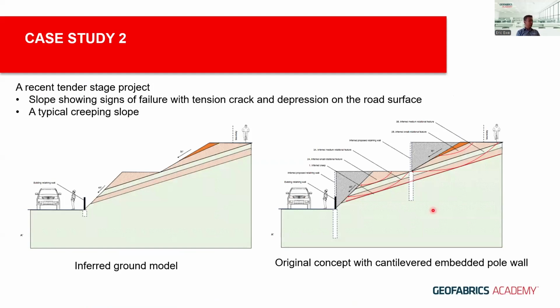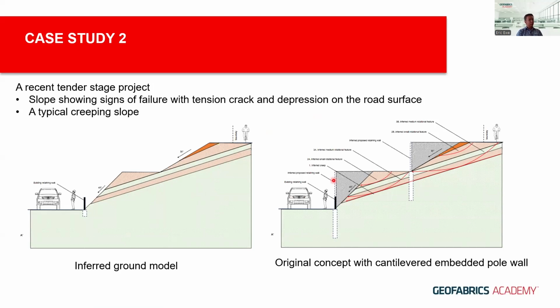Case study number two has not been constructed, but is a recent tender stage project whereby the slope is creeping, showing signs of distress at the top of the road with some tension cracks and settlement issues over time.